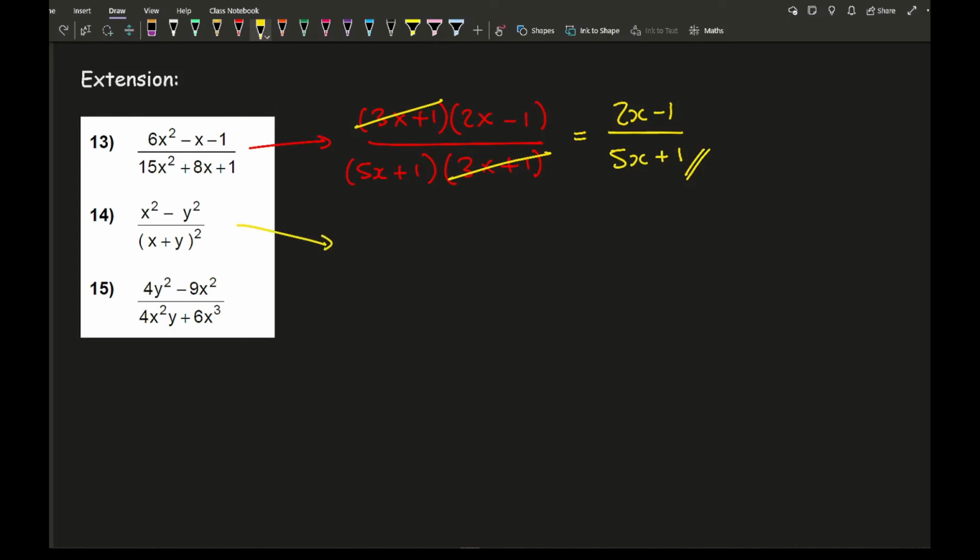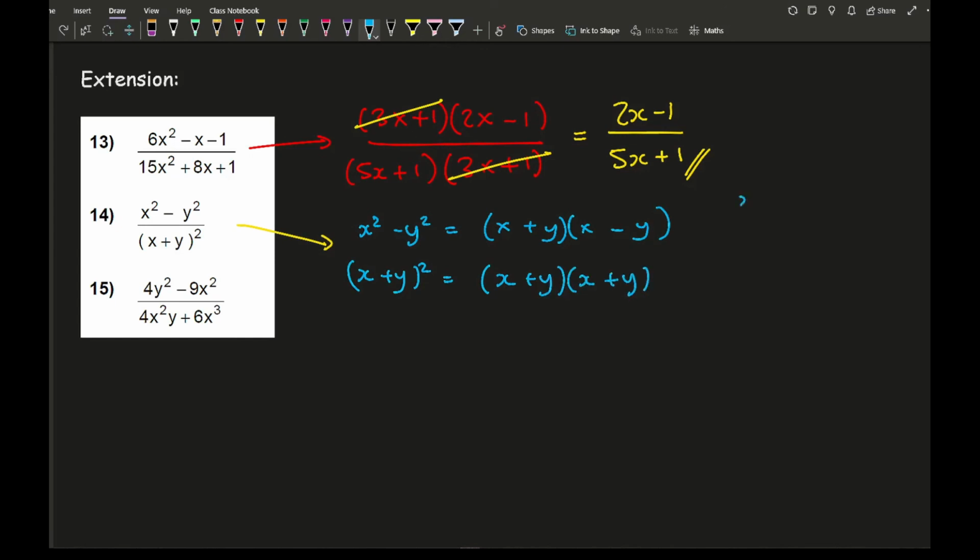So here, this is involving a difference of 2 squares. So the first numerator, I can write x squared minus y squared, which is actually x and y, and an x and a y. One's a plus, one's a minus. Now x plus y all squared is actually double brackets, which is x plus y, x plus y.